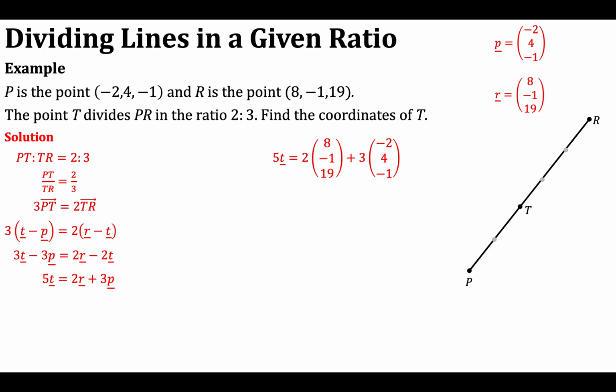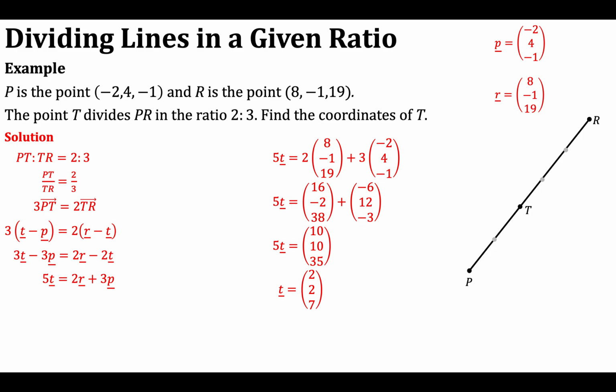So 5t is equal to 2 of (8, -1, 19), plus 3 of (-2, 4, -1). That gives me (16, -2, 38) plus (-6, 12, -3). 5t is equal to (10, 10, 35), and I can take a fifth of both sides, giving me t is equal to (2, 2, 7).